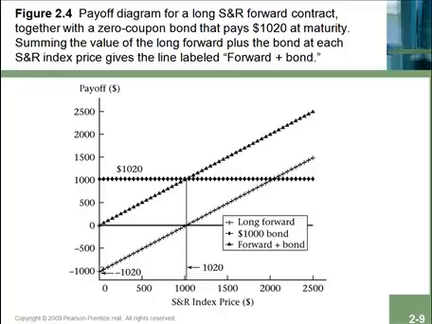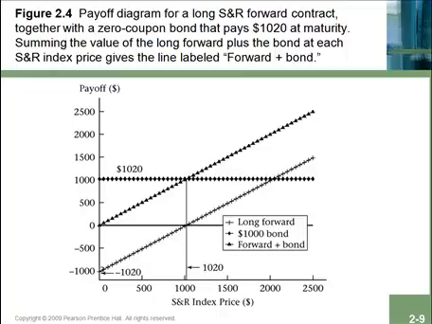And that's true. It is essentially the same thing. So what we've learned here is that the outright purchase of the underlying asset is a lot like having the forward contract in combination with an investment in a risk-free bond.